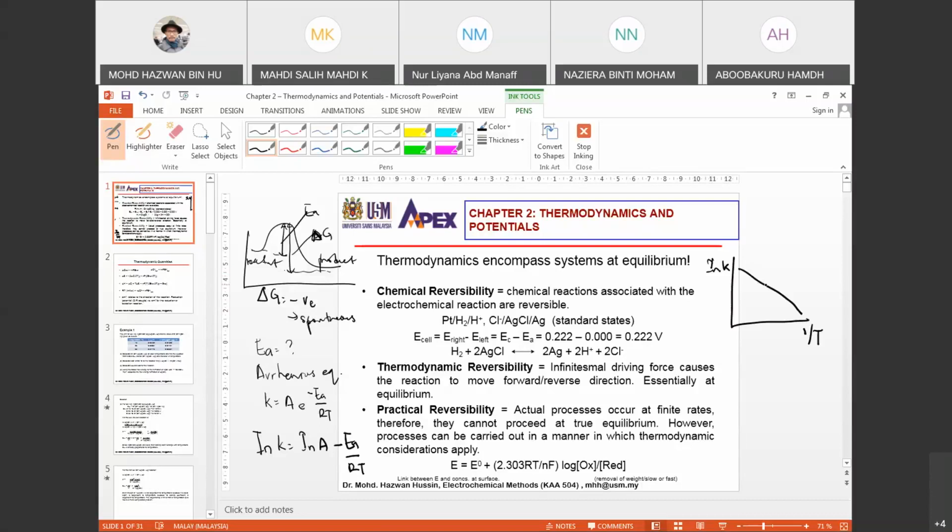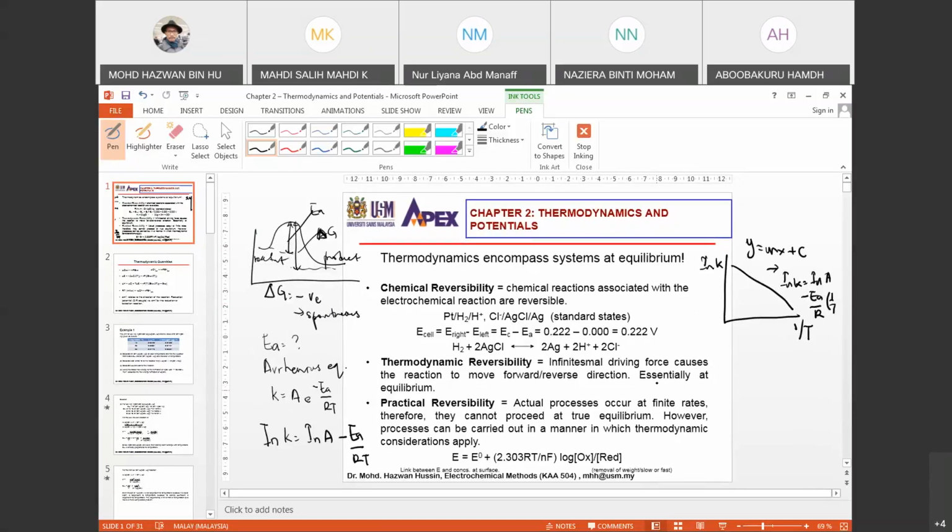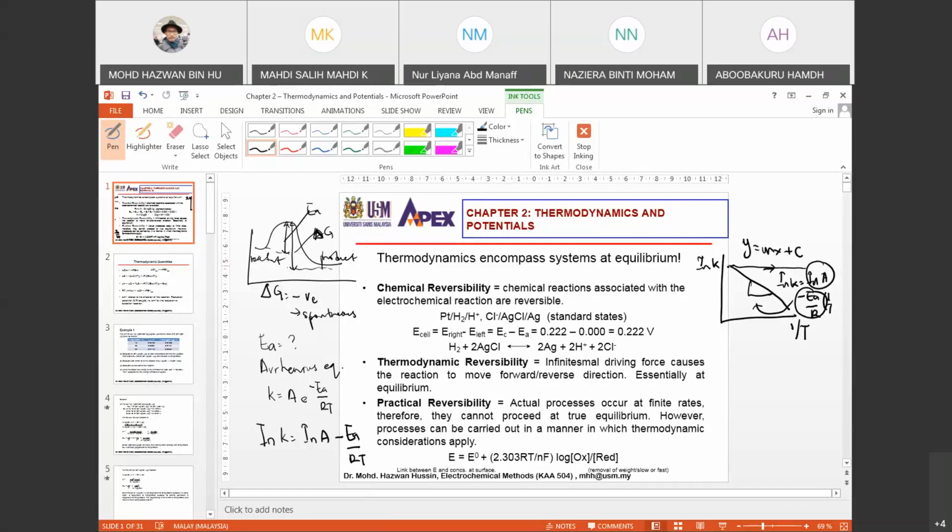So this linear equation can be related to ln k equals ln A minus Ea over R times 1 over T. The slope will always be this one, and the y-intercept will be here.